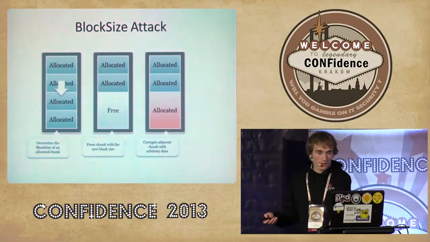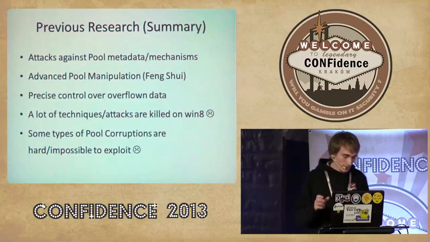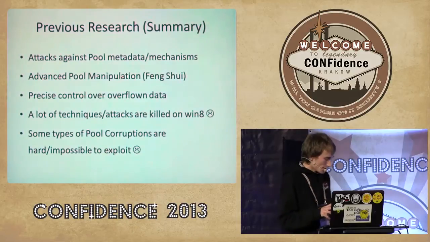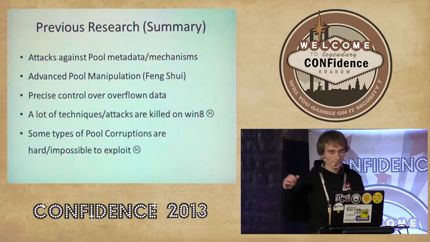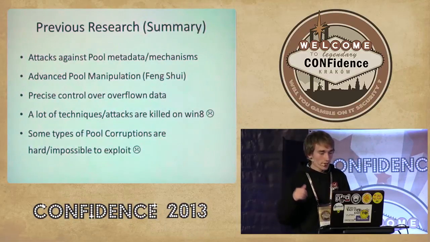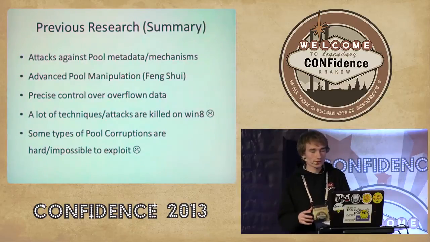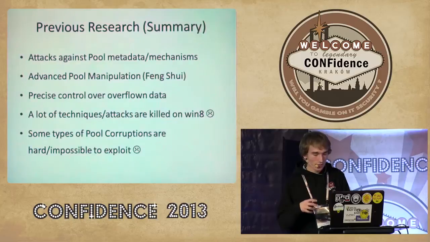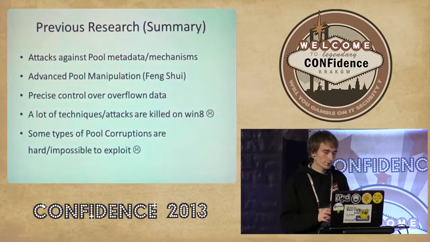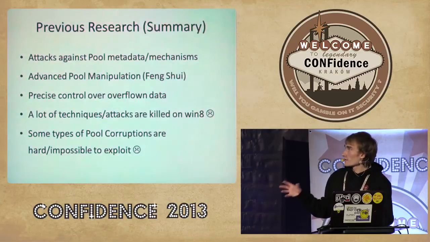But talking about prerequisites and ideas of previous research, all research is focused on the pool allocator and metadata mechanisms. You have to know how to control the pool. You have to control the overflowing data.